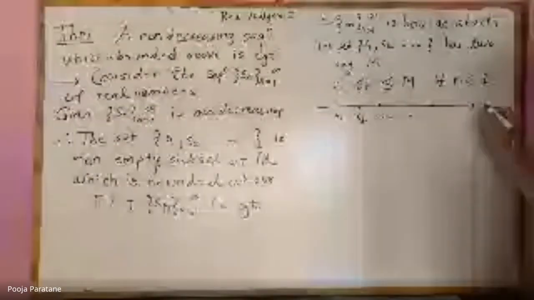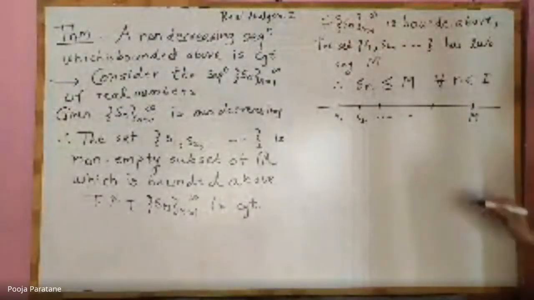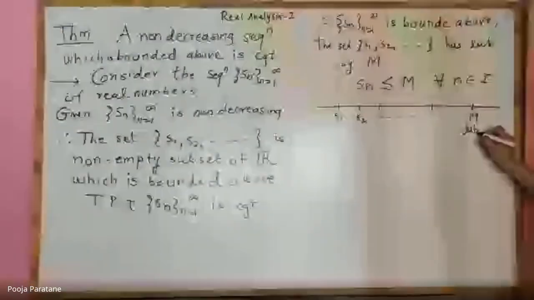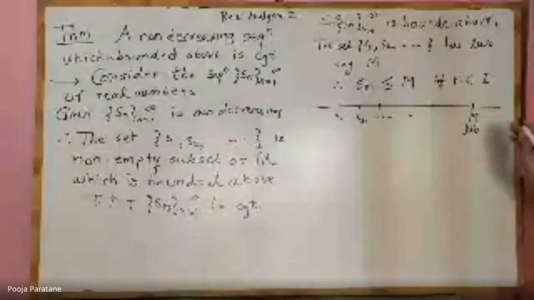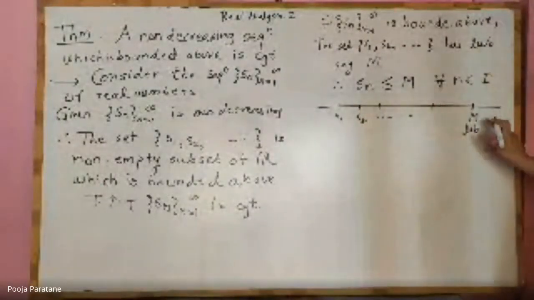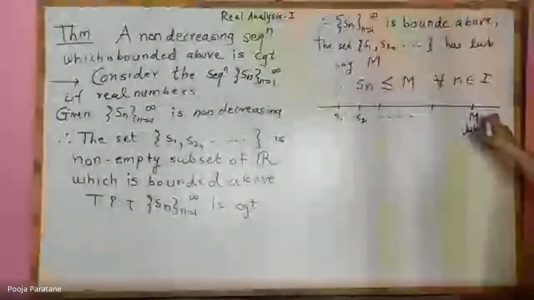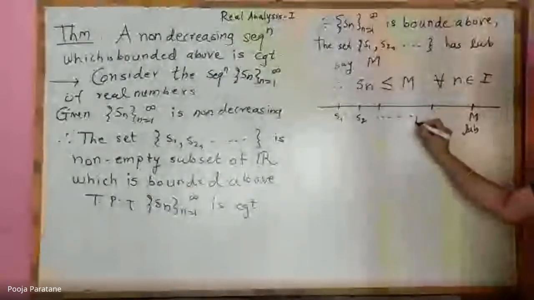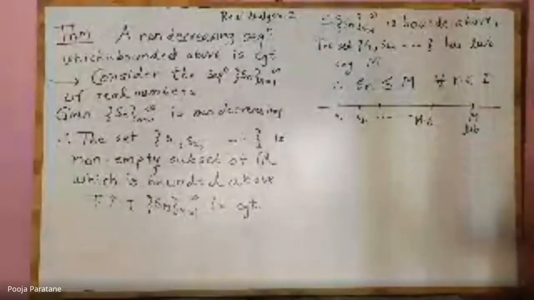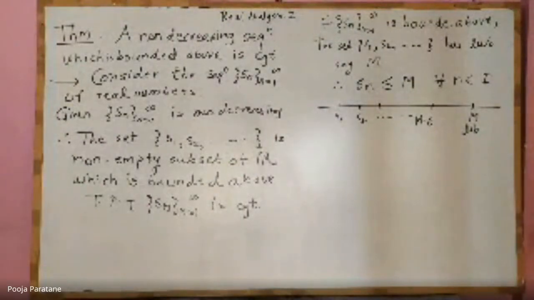Now let me consider one number here. Suppose these are the numbers of the sequence. Here it has its least upper bound, right? So all the terms of the sequence are less than or equal to this number. Now I will consider one number M minus epsilon here.